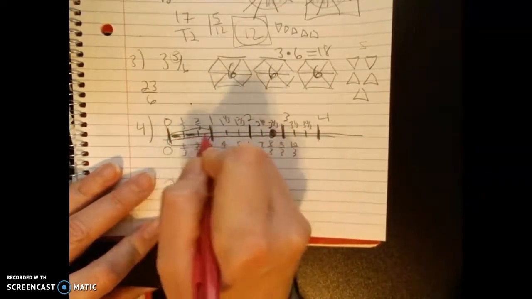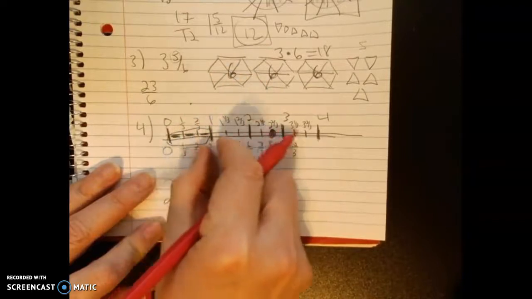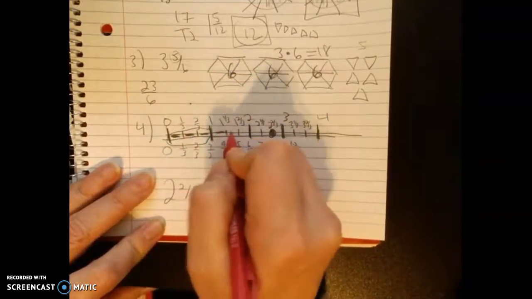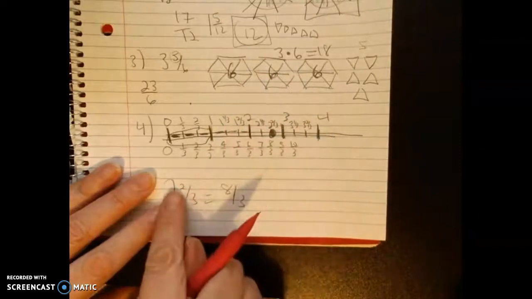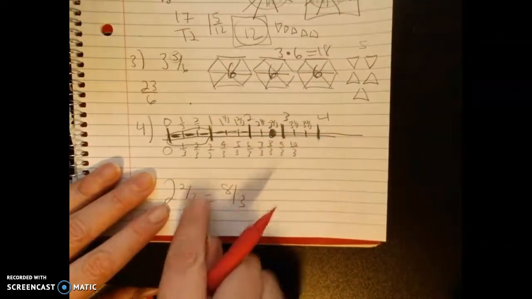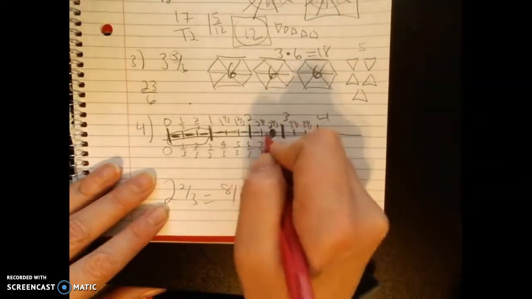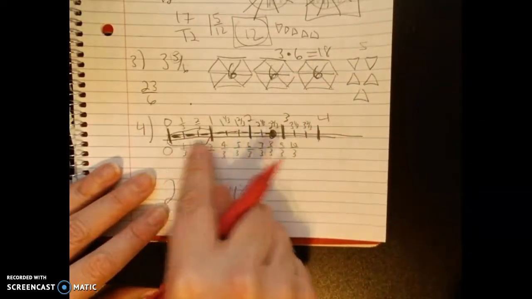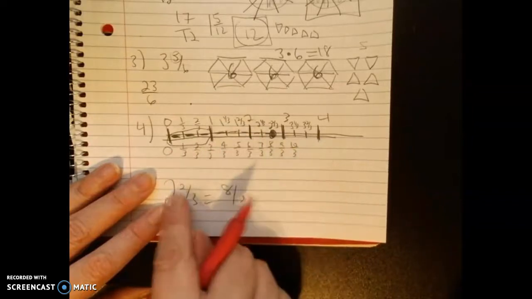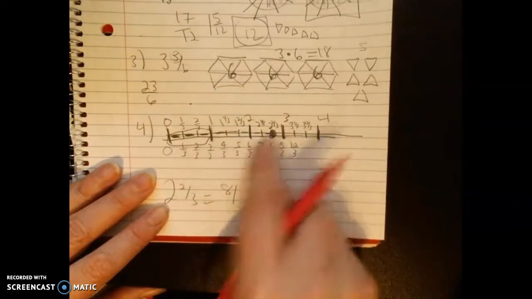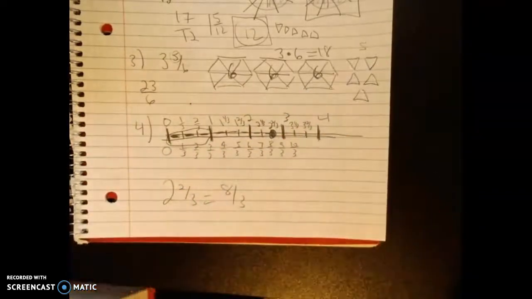So there's 1, 2, 3 segments in that one, another 3 segments in that one. So the 2 has 3 segments in it, so that gives you 6. And then I'm adding the extra 2 segments past my 2. So I have 2 times 3 is 6 segments, and then 2 extra. But the other reason, obviously, is that they do line up on the number line.